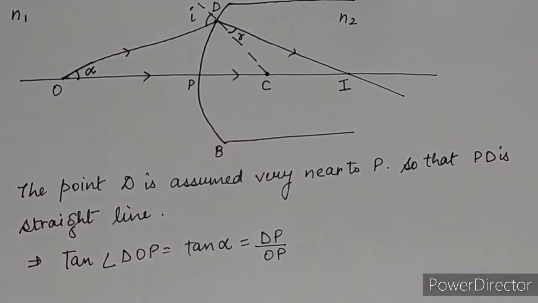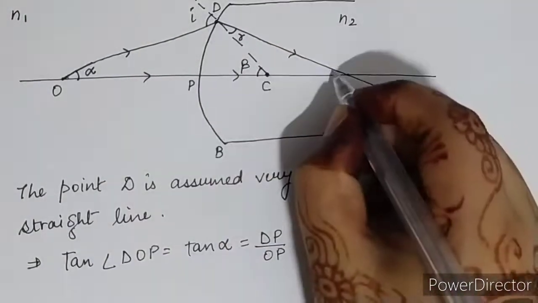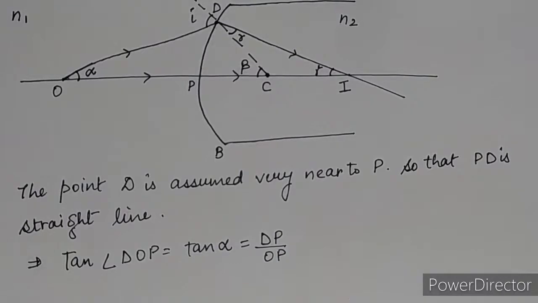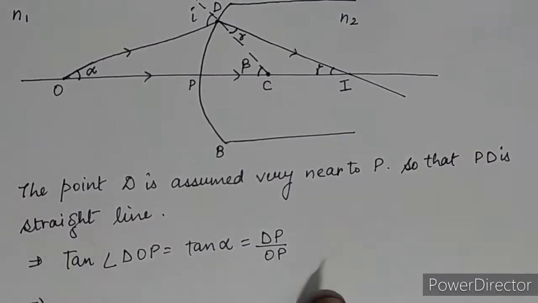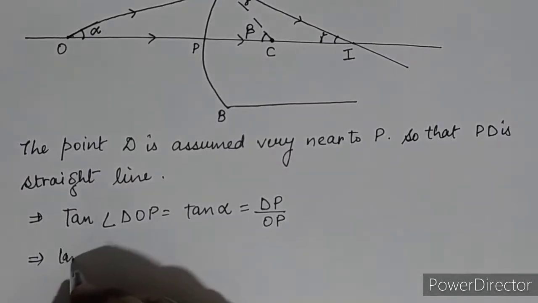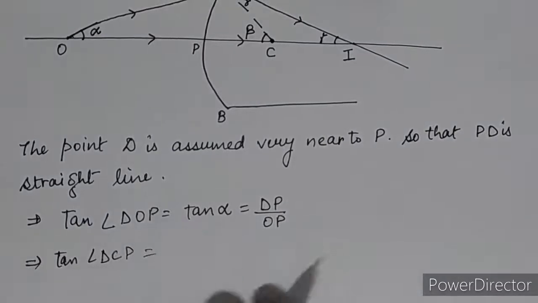I have also drawn the angles in this diagram: this is the angle beta and this is the angle gamma. Now further I am taking the angle DCP.